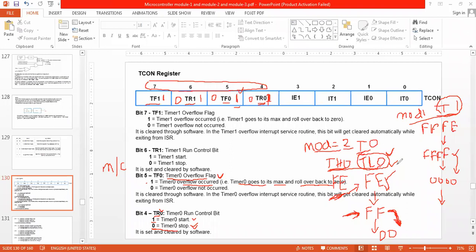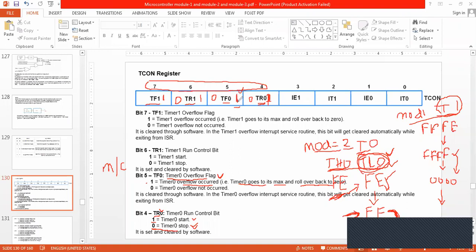TF is watching TL0 continuously. So when TL0 reaches 00, then automatically TF0 will become 1. Then again we have to reset it.